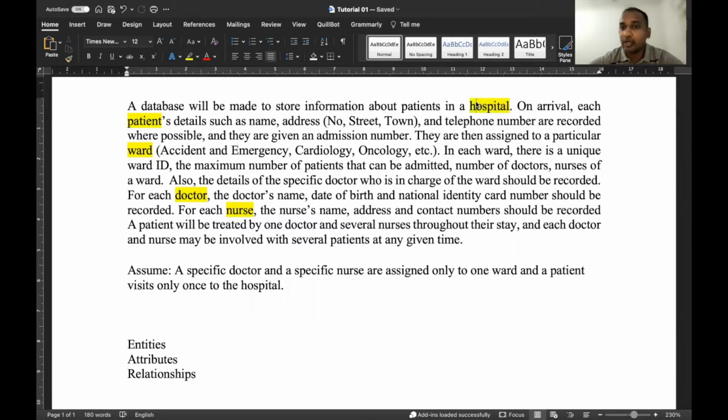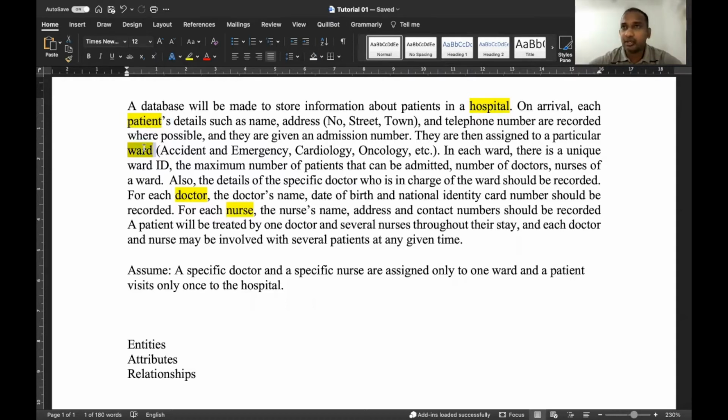Therefore we do not draw an entity for a single instance because there is only one hospital. For the other entities, patients, you can identify there are more than one patient available in the scenario. If you take a hospital, there can be several patients.